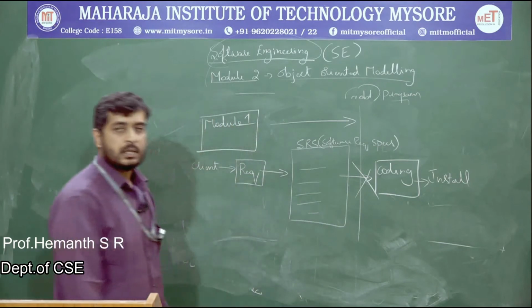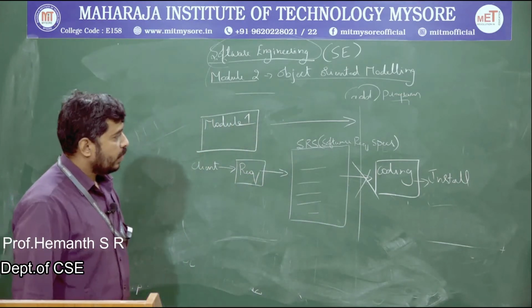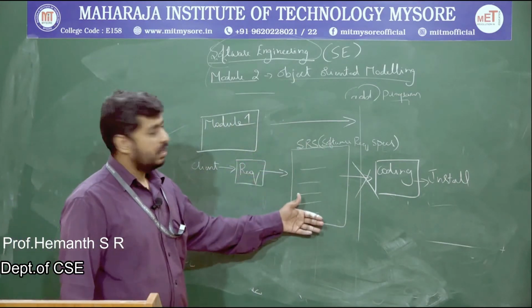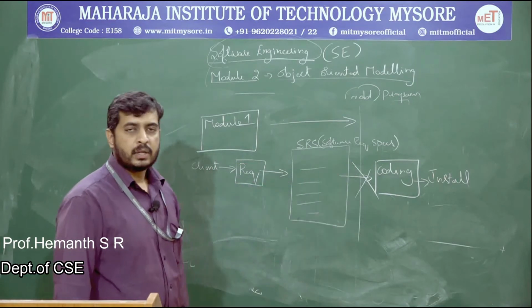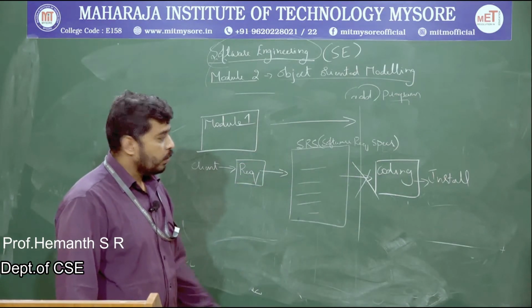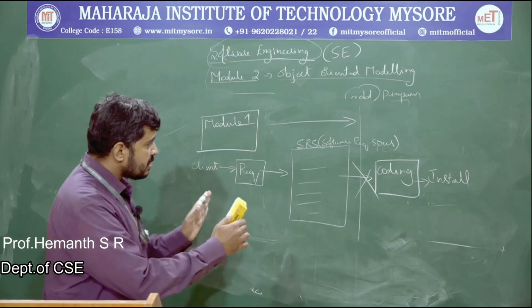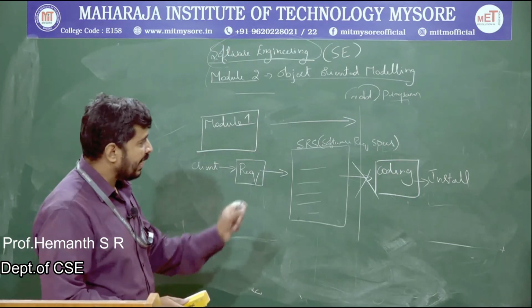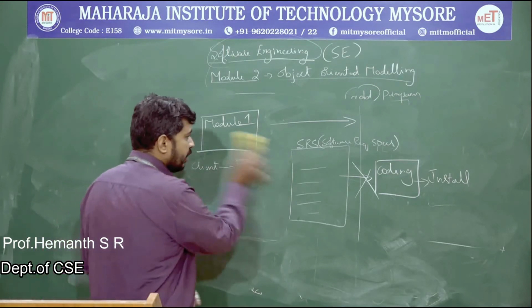Once you have the SRS in place, you are not directly starting with the coding. Then what are you doing? What is the step in between that is filling the gap? We will go through that.